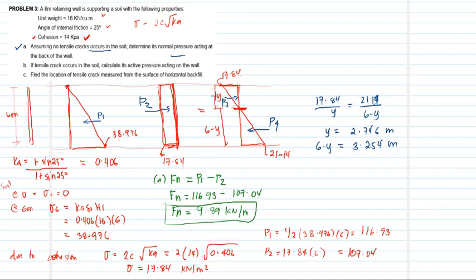Okay? So, for letter B, ang sabi natin for letter B, we have to solve for the active pressure acting on our wall. Okay? So, ano yung magiging active pressure daw natin pag may tensile crack? So, ang hinahanap natin for letter B is the value ng ating P4.